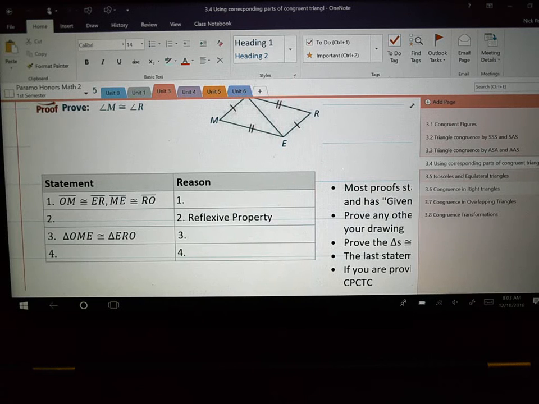All of your popular choices will be there. Is it vertical angles? Is it alternate interior angles? Are they corresponding angles? Is it the SAS postulate? Is it the SSS postulate? Is it the ASA? Is it AAS? You're going to have to know which one it is. There is no partial credit. It is 100%. Did you get it right or did you get it wrong?